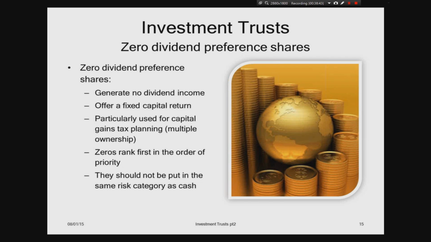For example, an investor may hold a number of zeros, all with differing maturity dates. As one matures each year, the annual allowance can be used to cover the first part of any realised gain. For example, a person might hold a number of zeros which were issued at £1 and are going to be redeemed at £2.